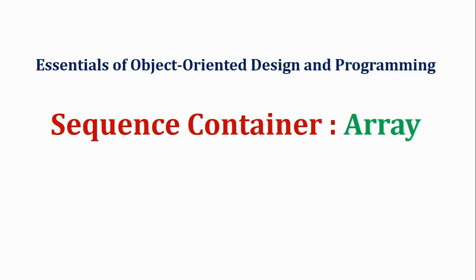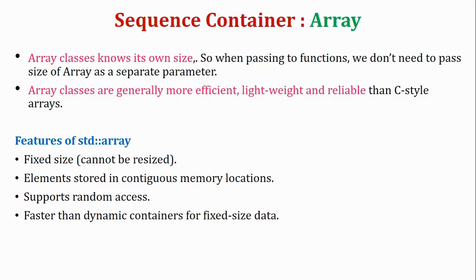Hello everyone. Welcome to the course on Essentials of Object-Oriented Design and Programming. In this presentation, we are going to discuss the array concept in the sequential container. The array class knows its own size, so there is no need to pass the size of the array as a separate parameter here.